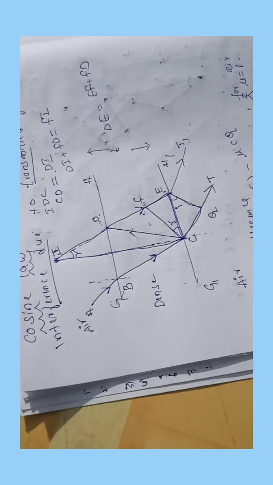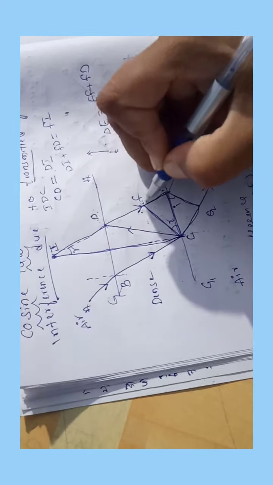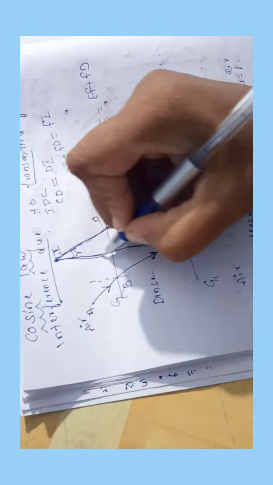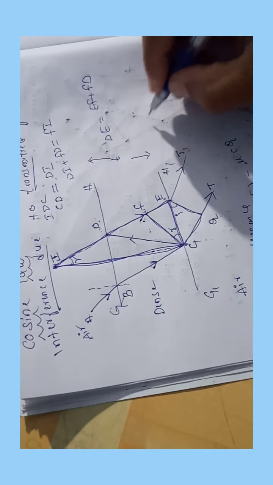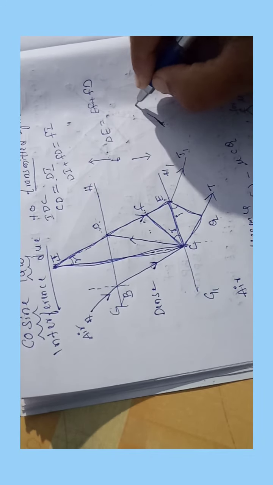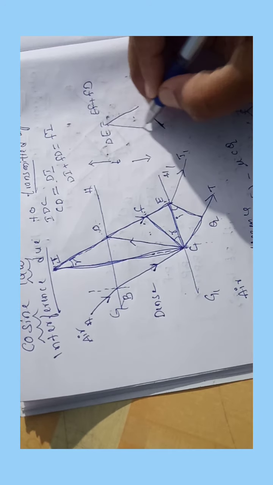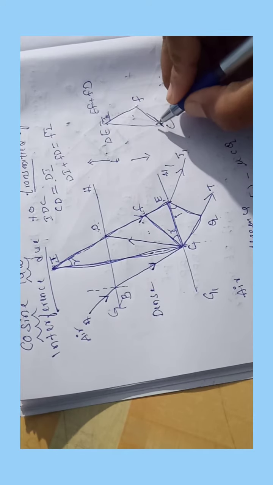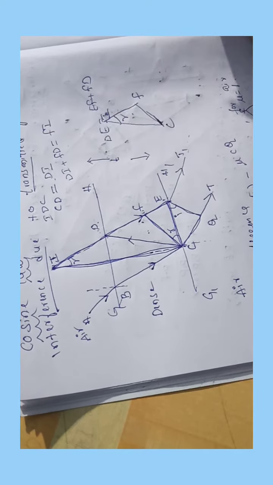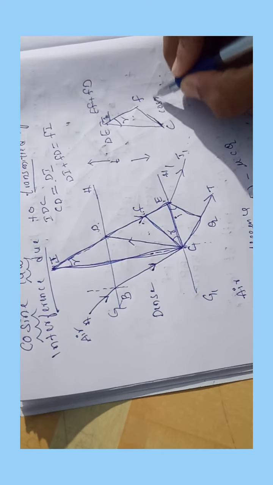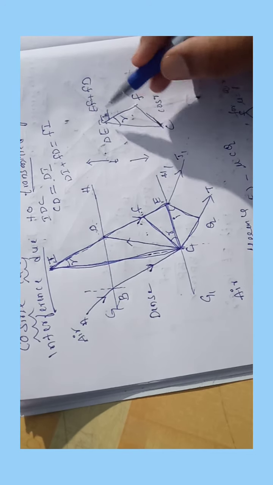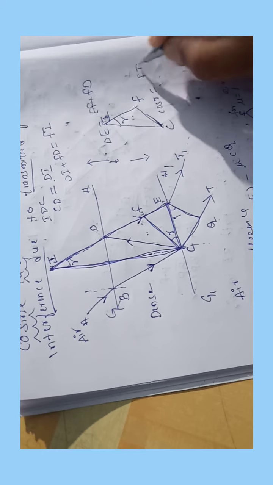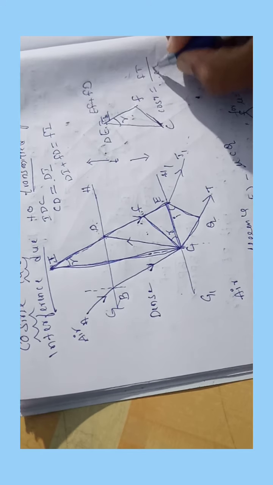Now we want the value of FI. To know the value of FI, consider the triangle CFI. Here is the angle R. So from this, what can we write? Cos R is equal to the adjacent side FI by the hypotenuse CI.